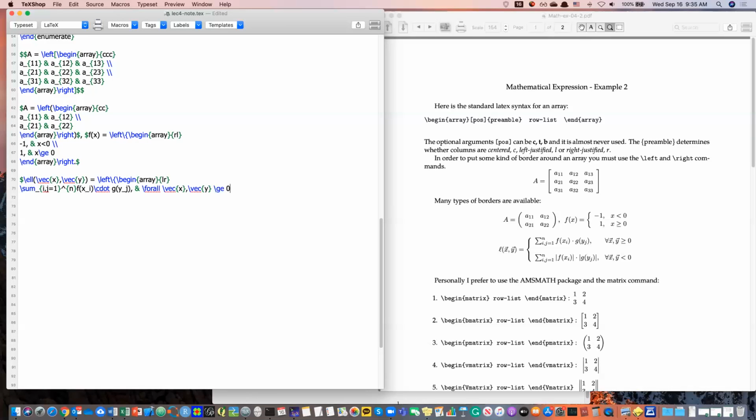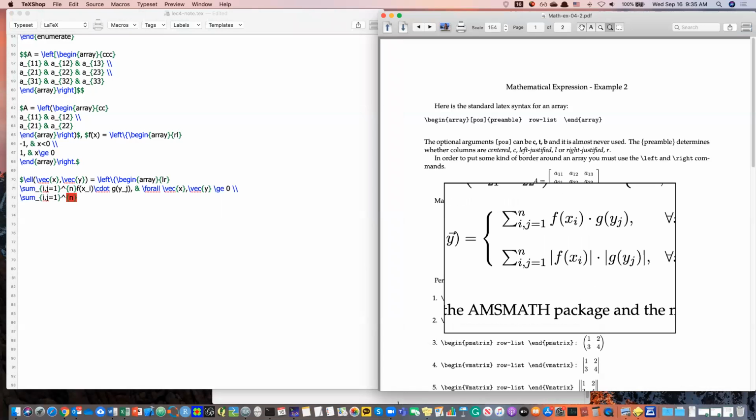So now move to the next row. So sum, and then i comma j equals 1, and then n. And then, yeah, you see the actual value.